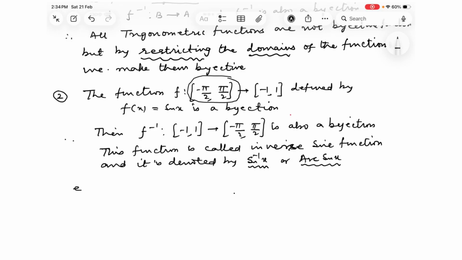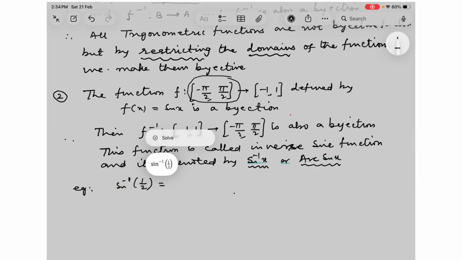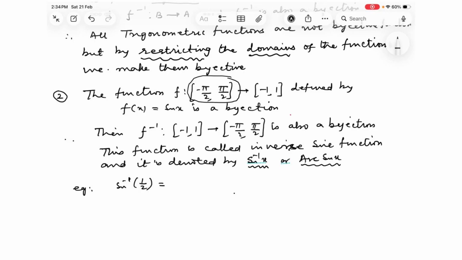Now for example, what is sine inverse of 1 by 2? Generally, sine inverse of half, if we don't know this point, we write it as 30 degrees or 150 degrees.